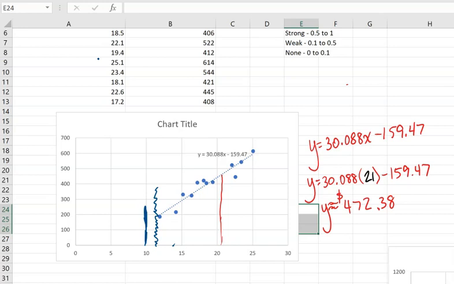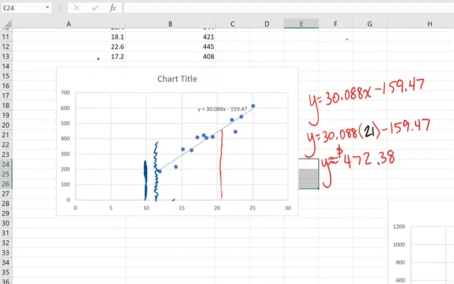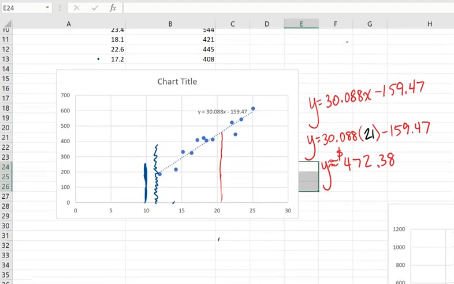If the x value that we're given is within the range, then yes, absolutely we need to plug it in. We need to see exactly what value would come out of it as an approximation. But in this case, it was x equals 10.